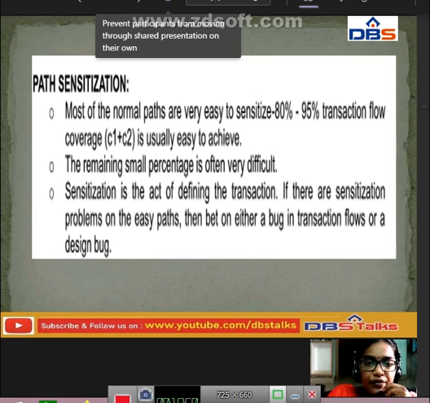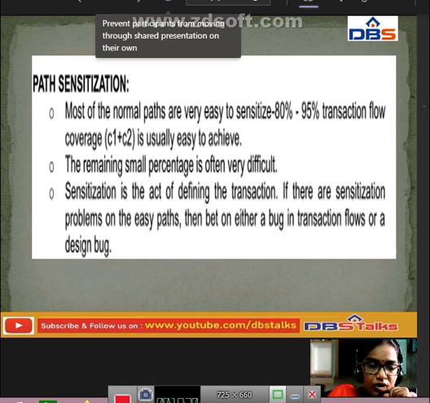If we have any kind of sensitization problems, then on easy paths we can easily catch those problems, and then it is either a bug in the transaction flows or a design bug.